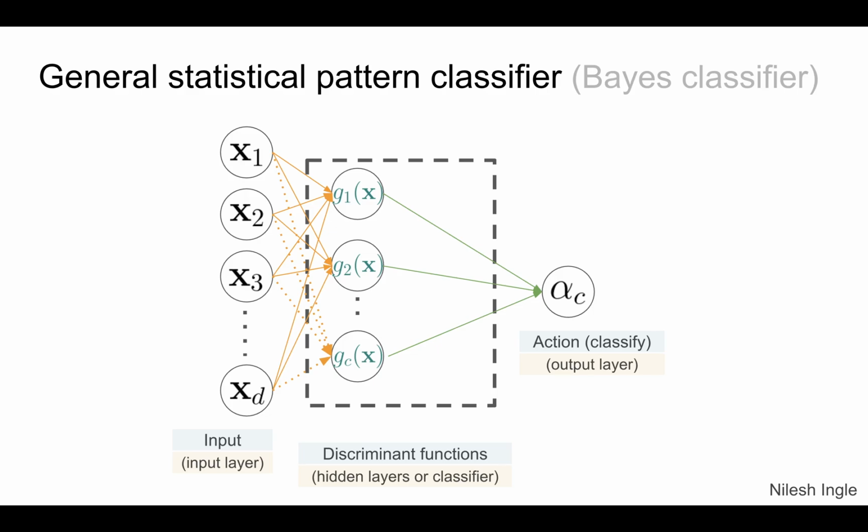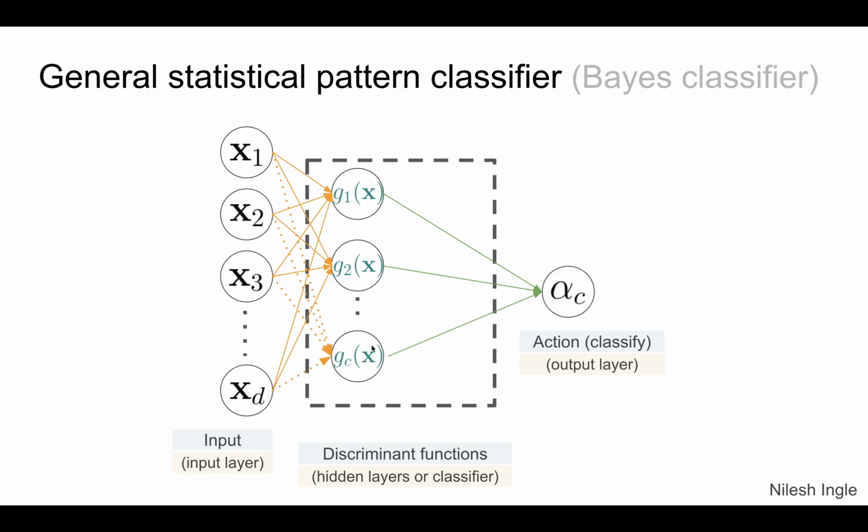Now, moving on to the general statistical pattern classifier, or a Bayes classifier. We have seen a similar image when we talked about the perceptron, where we just have the input layer of X and then the output layer. In this case, we have a box in the middle, which is the hidden layer, and the nodes in it denote g1 of x, g2 of x, and gc of x.